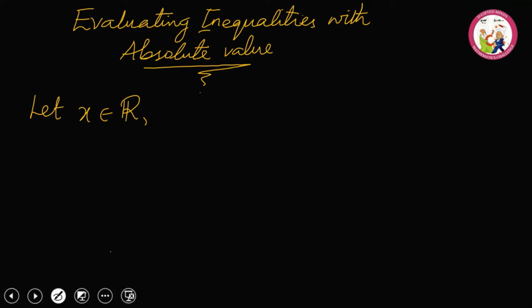Then the absolute value of x is defined as a piecewise function: x when x is positive, and minus x when x is negative. So this is how to define the absolute value of x.